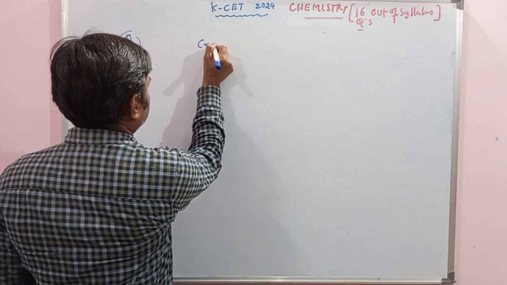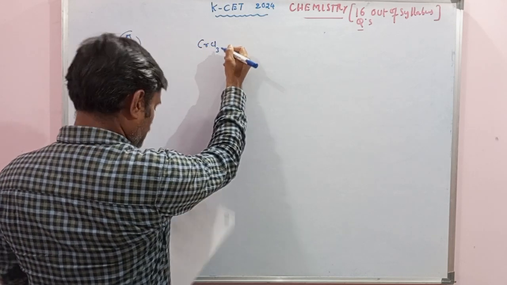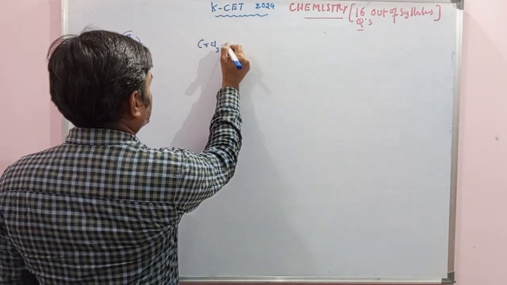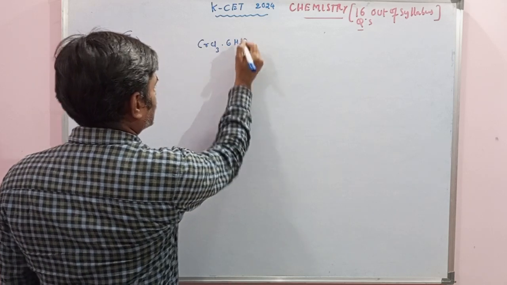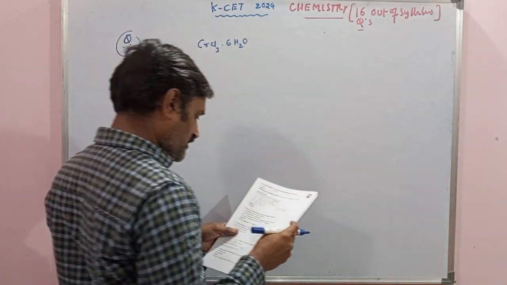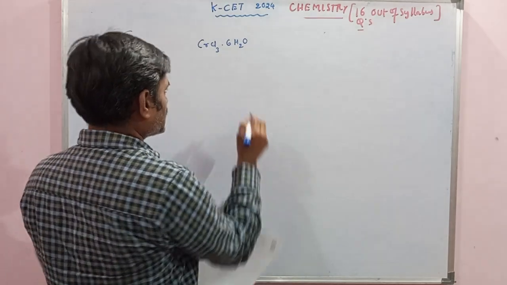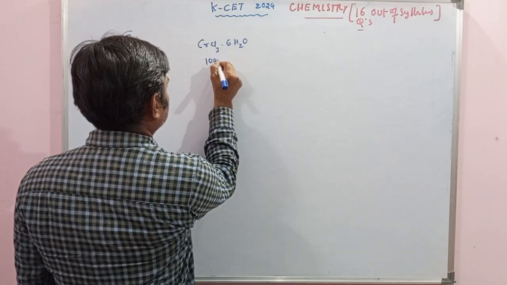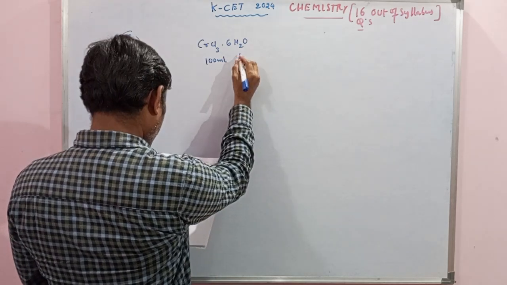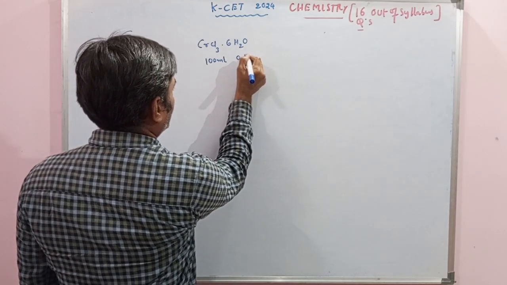What is the question? CrCl3·6H2O is there, 100 ml of 0.1 molarity.